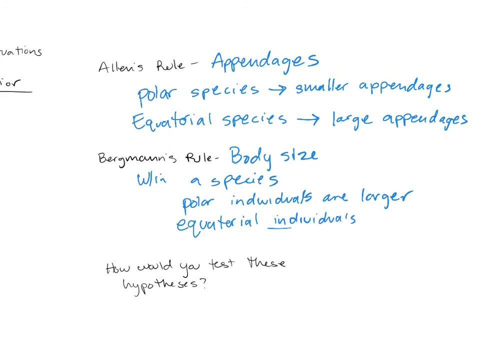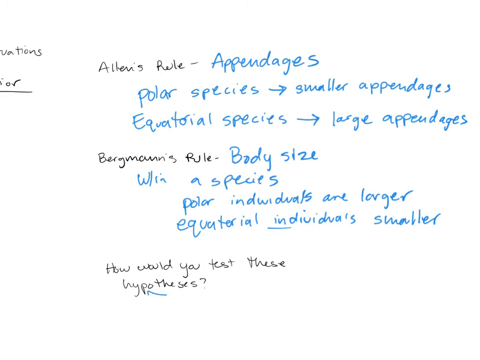And this has to do with essentially thermal inertia. The larger you are, the more heat you can hold, and the less heat you will lose when it is cold out. The smaller you are, the easier it is to get rid of heat.